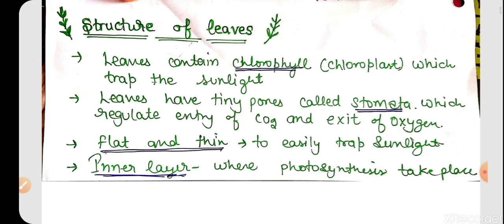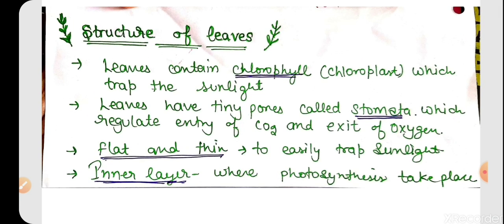Also, the leaves have tiny pore-like structures under the surface, known as stomata. Stomata regulate the entry of carbon dioxide and the exit of oxygen.